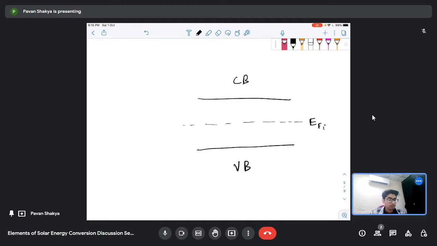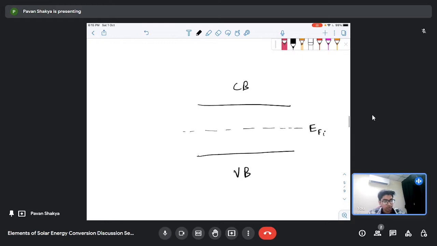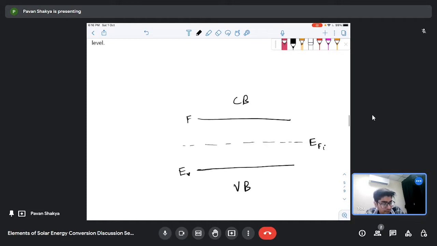Now in this band diagram, you can consider that the energy for the valence band is near this edge of the valence band. That's why I am writing this EV at the edge of this band.